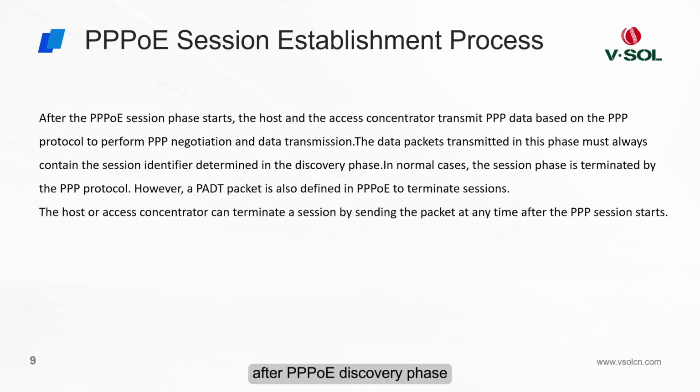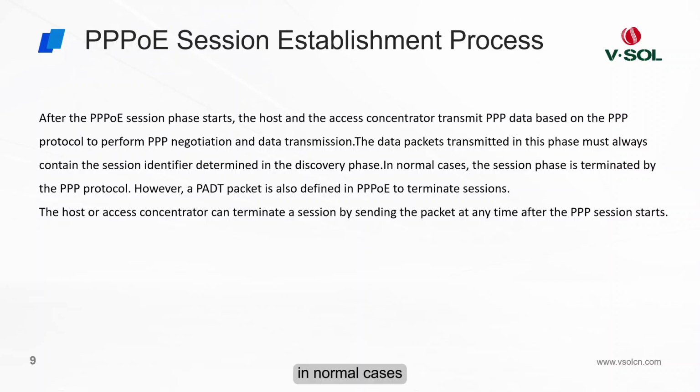After the PPPoE discovery phase, the following is the session phase. In this part, the host and the access concentrator transmit PPP data based on the PPP protocol to perform PPP negotiation and data transmission. The data packets transmitted in this phase must always contain the session identifier determined in the discovery phase.